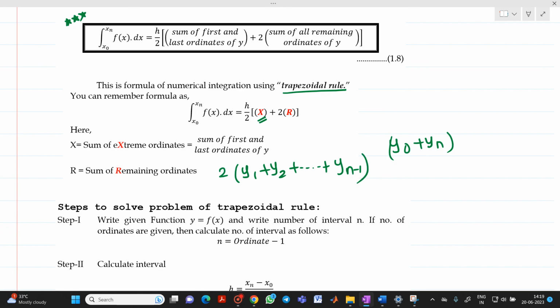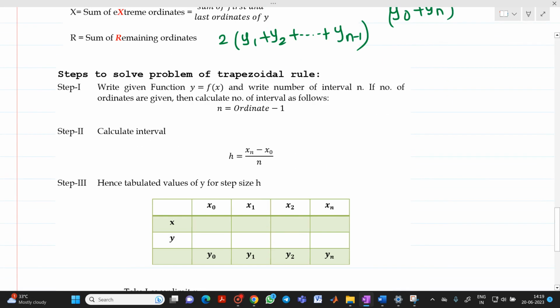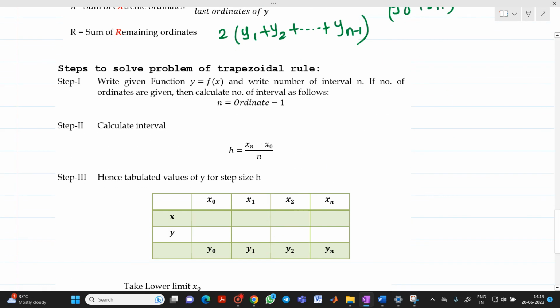Now how to solve a problem using the trapezoidal rule? Let's say we have a function y equal to f of x. If the number of intervals is given, then we can find the step size h. If ordinates are given, then we have to find n equal to ordinates minus 1. Now, how to find the step size?